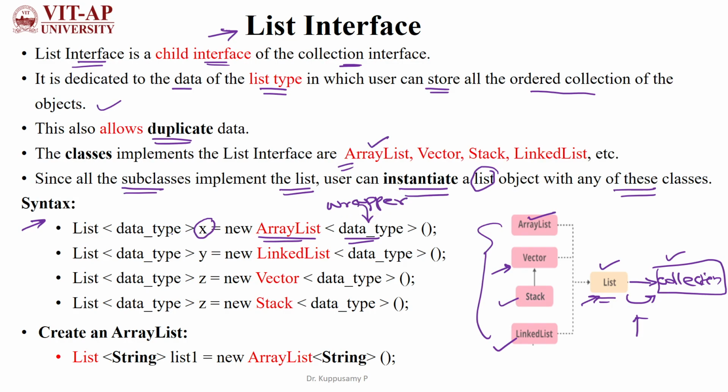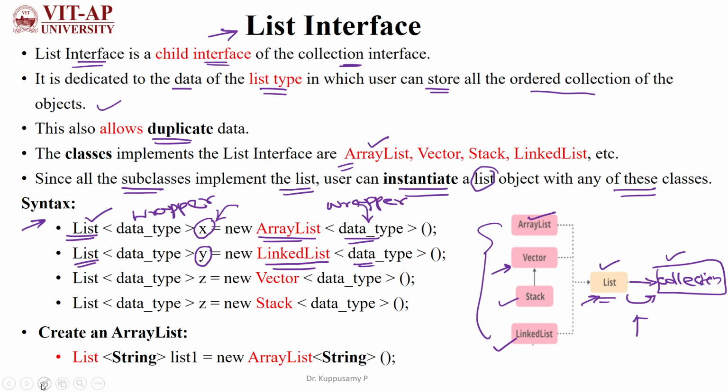Here I am creating the object variable using ArrayList, which implements the interface list, with some wrapper class data type. Next, I am creating the reference variable y by using the class LinkedList with some data type, which implements the interface list.